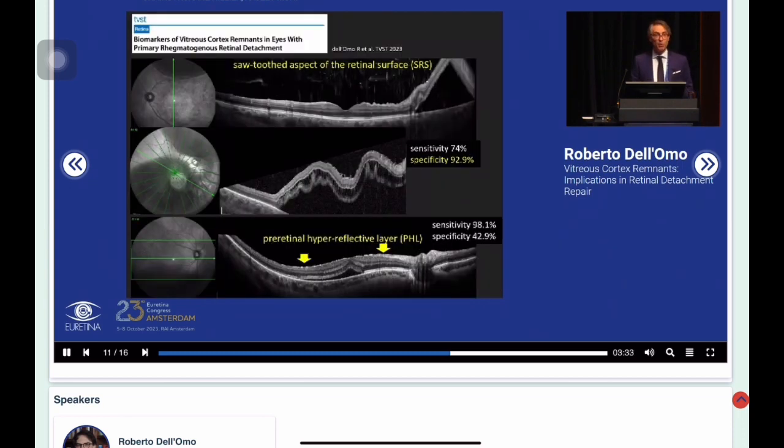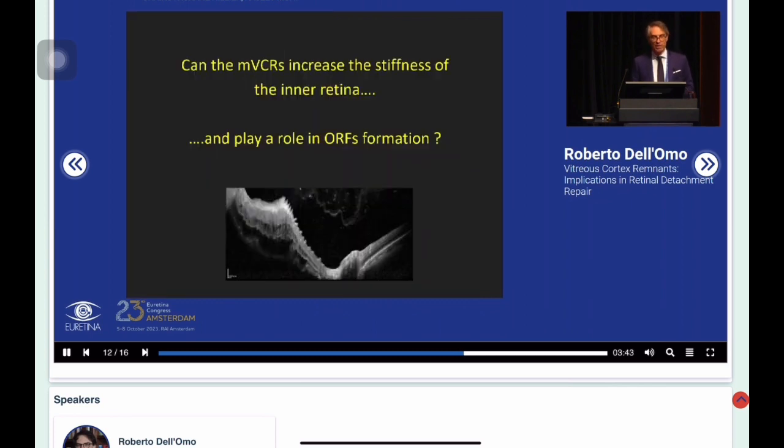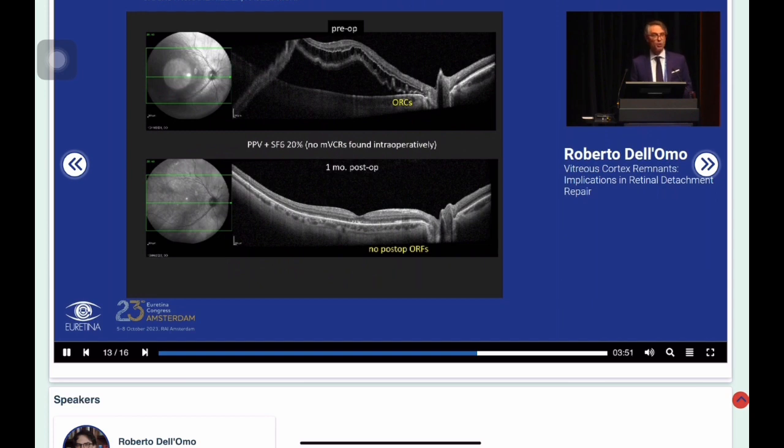Another biomarker on OCT that can be highly sensitive but poorly specific is the presence of this pre-retinal hyperreflective layer. So the question is, can the macular VCR increase the stiffness of the inner retina and play a role in outer retinal folds formation? I show you two cases. In the first one, there is a presence of outer retinal corrugation pre-op.